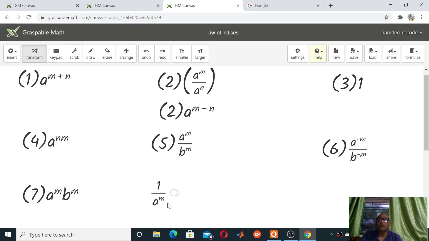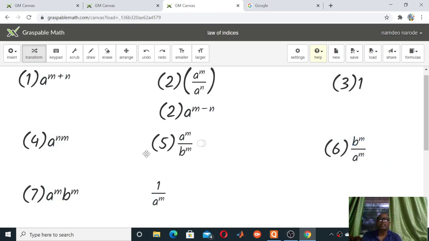Equal to 1 upon a raised to m. Similarly, here a raised to minus m, if we take it on the denominator side, then it will become a raised to m. And if we take this b raised to minus m on the upper side, then what will it become? b raised to m.